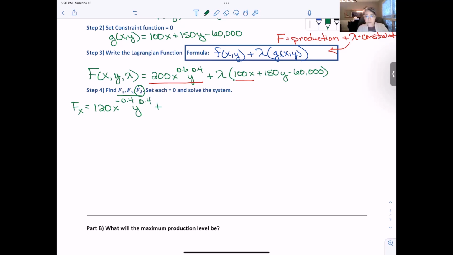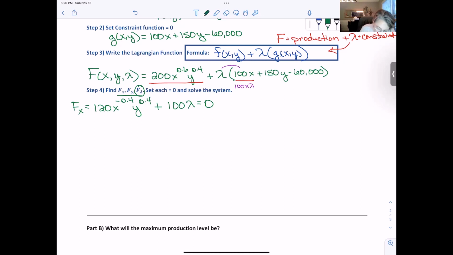Plus, notice if I distribute that lambda, it's just like a number, then I would get 100x lambda. Taking that derivative, we're left with just 100 lambda. We're going to set that equal to 0. If you're wondering what that means, if we distribute lambda to everything, this guy would be 100x lambda. So if you took the derivative of that x, you'd be left with just the 100 and the lambda.